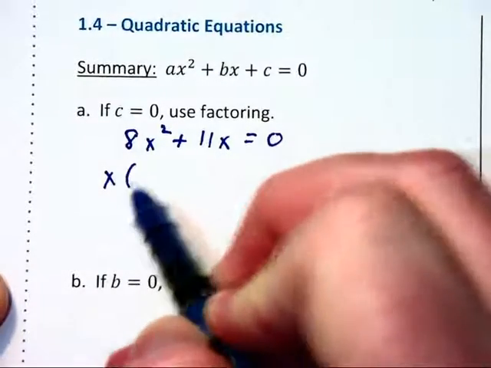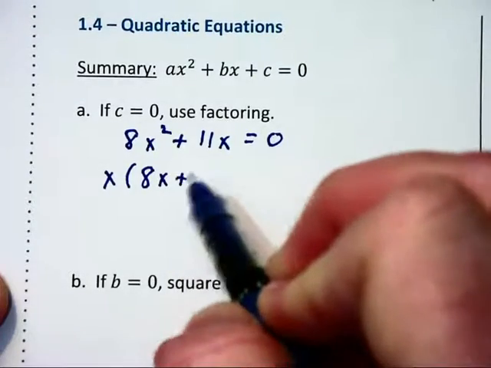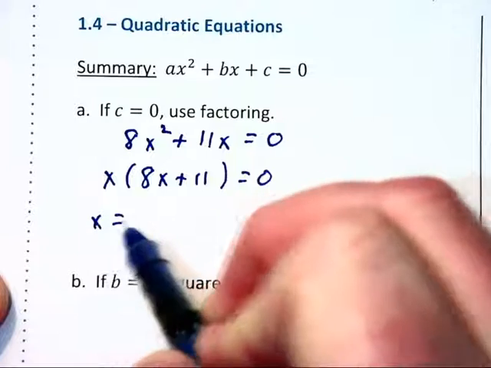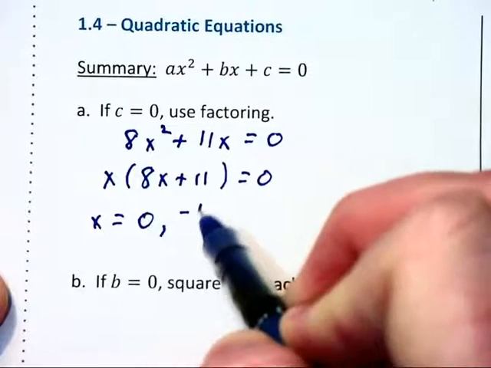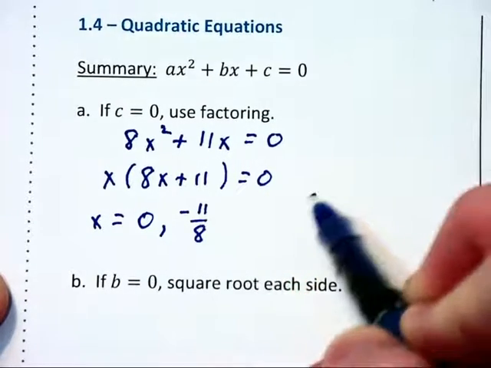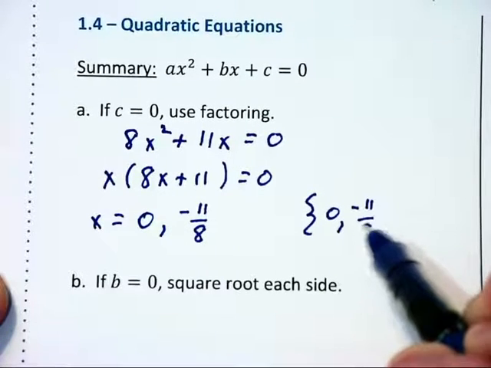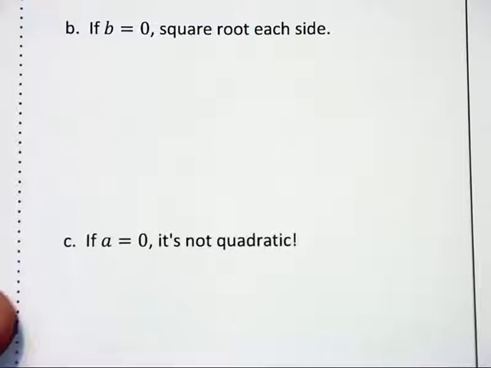X, in this case, times 8x plus 11 is equal to 0. We then have x is equal to 0 or negative 11/8, and the solution set contains the values 0 and negative 11/8.